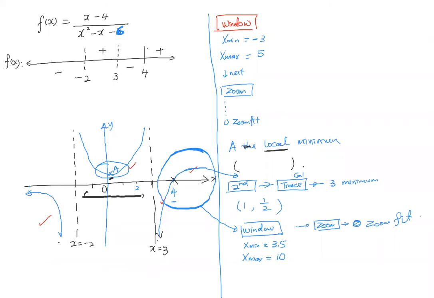I put 3.5, then 10, then I make a zoom fit. After you make a zoom fit, you can see it going down. You can't see the x-axis. The graph goes past through 4, then it goes like that. And here is your 4. You try to find the local maximum here.